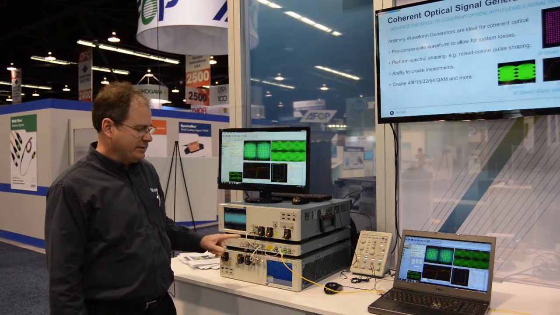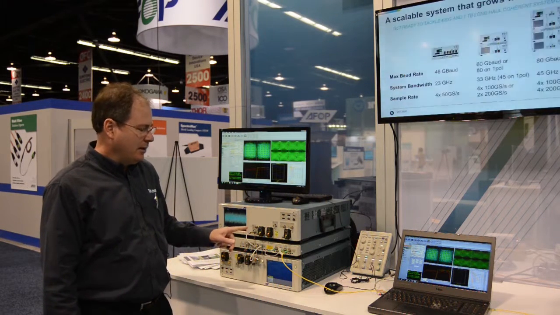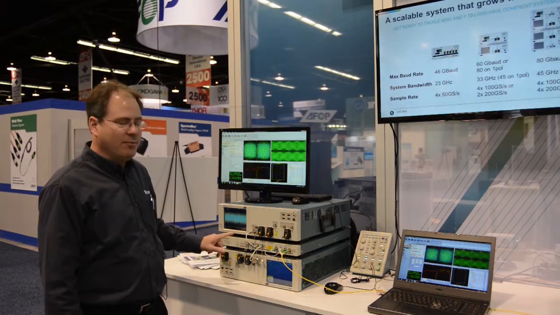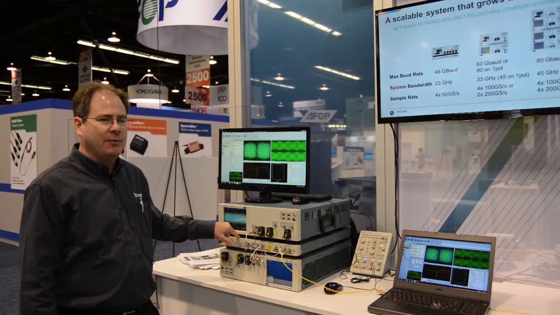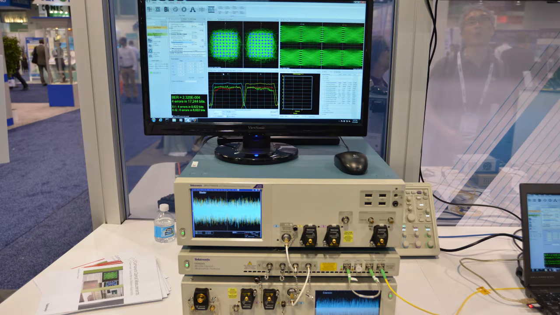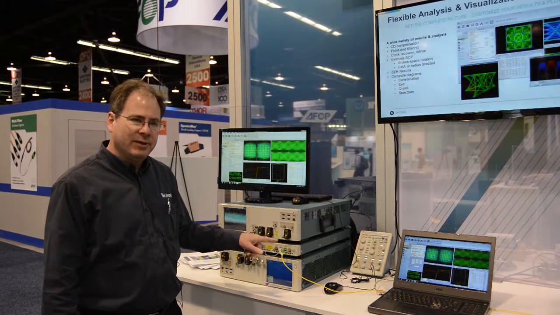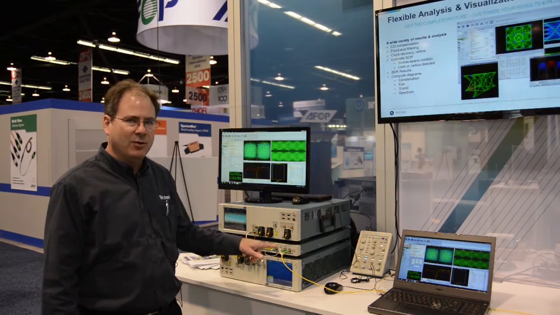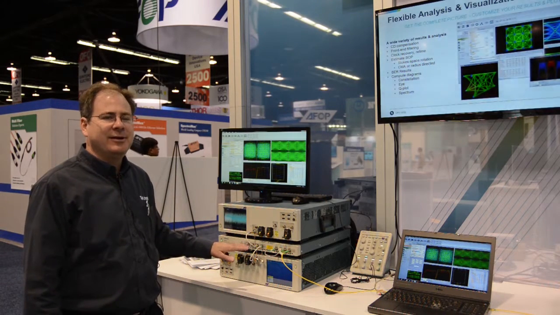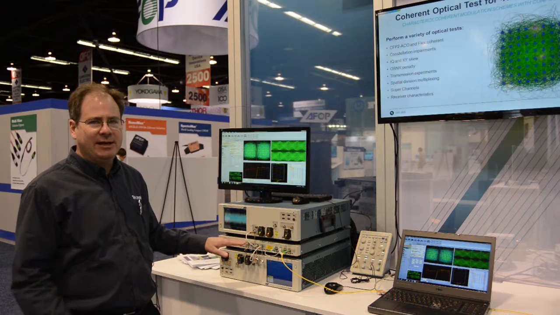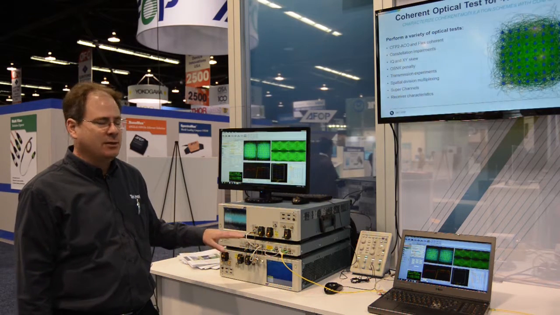Here we're using the 70 gigahertz input that is coming from our receiver. So this is the OM4245 optical modulation analyzer that receives the coherent optical signal. It goes in here and is down converted by the local oscillator to produce the baseband once again, so that we can then recover the data that we transmitted in the first place.